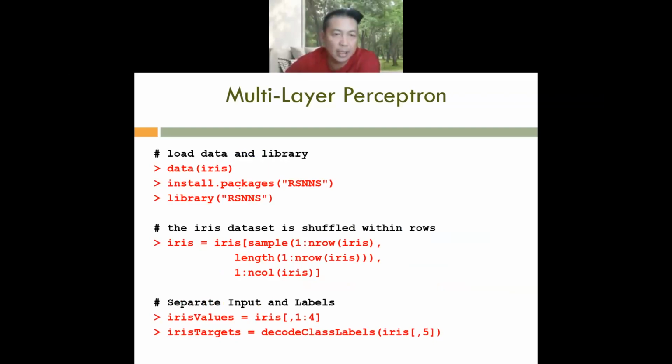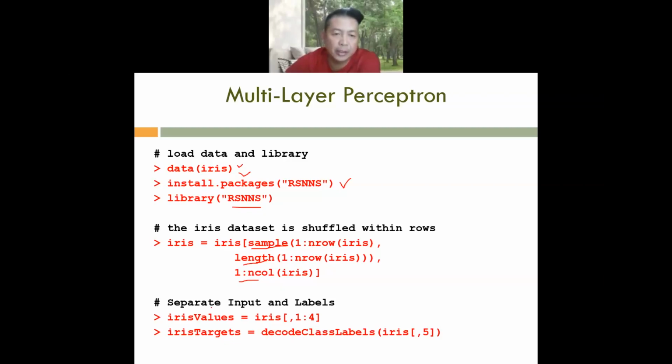First, we are looking at the data that we have. We install this RSNNS. So this is where we get the multi-layer perceptron. We get the data from here. This one we are looking at reshuffling the data that we have. So we use sampling, and length will give you the number of rows that you have, and this is the number of columns that you have.